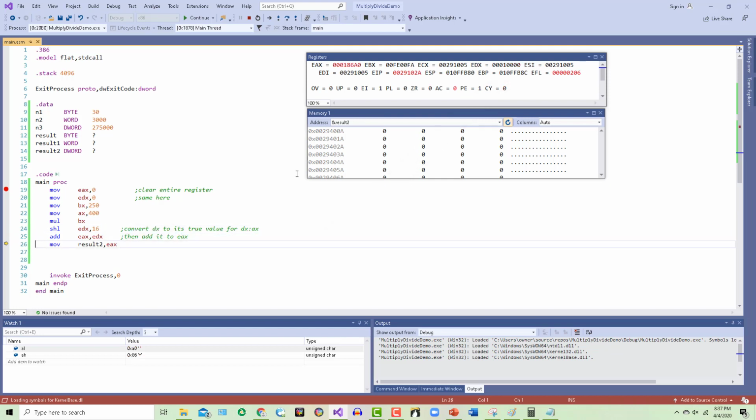And then line 25 adds the entire EDX register to the EAX register, which means EAX now contains our result as a 32-bit answer. Once again, this makes sense because I'm multiplying two 16-bit operands. That enables me to store my results into the result2 variable.